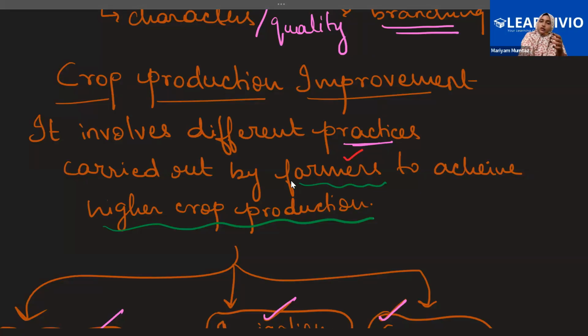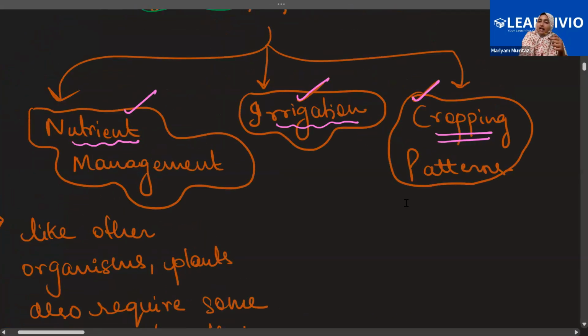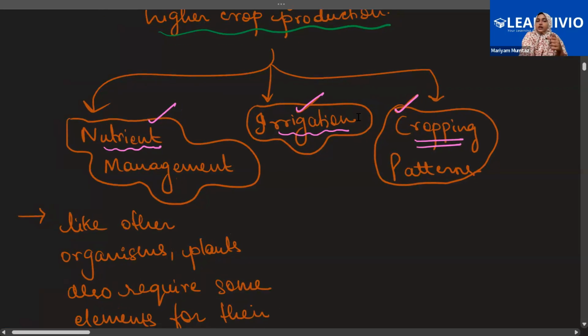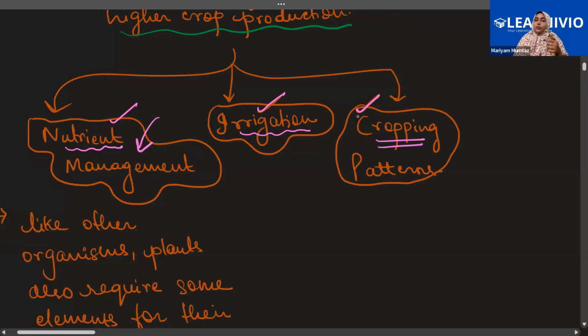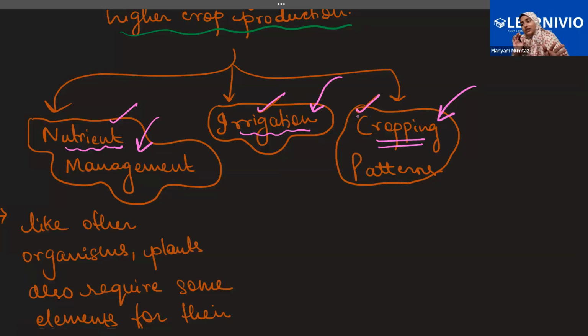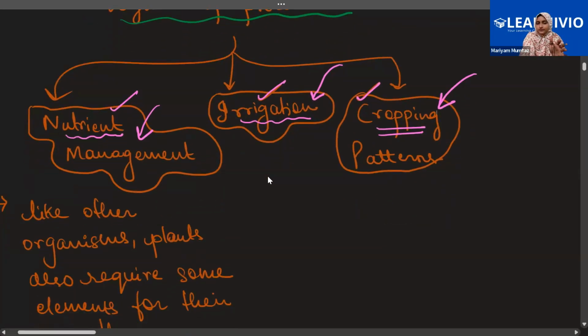So for the crop production improvement, we require certain external help, very important, such as we need to do the nutrient management, we need to do the irrigation, and we also need to study the different kinds of cropping patterns, like what are the major cropping patterns, how can we shift the crops. All of that would come under the crop production.